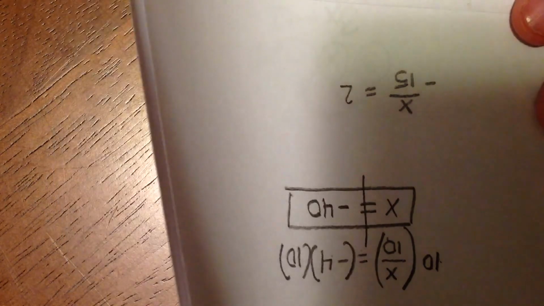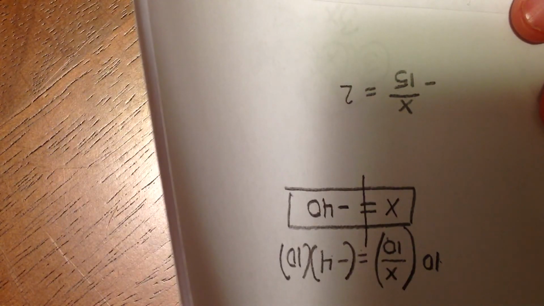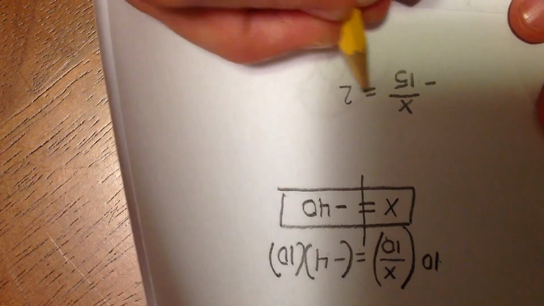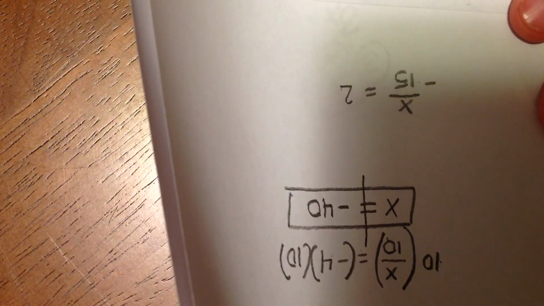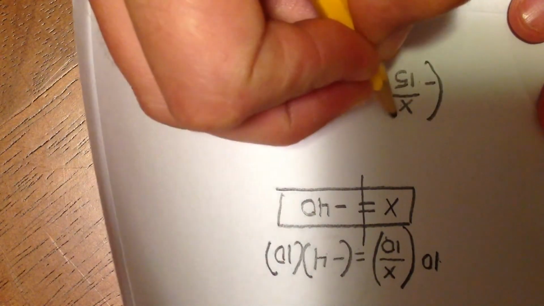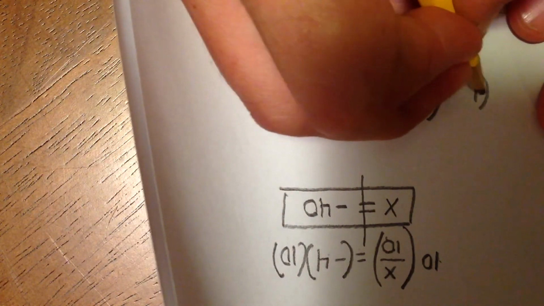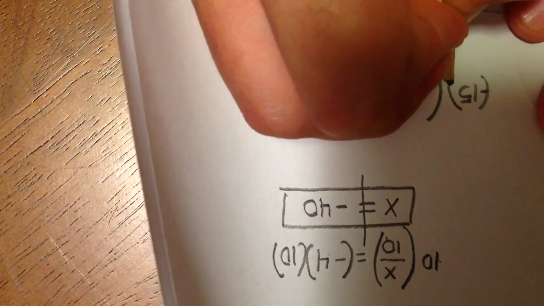Alright, the last one. So I have x divided by negative 15 equals 2. So some number divided by negative 15 equals 2. I have to use the inverse operation of division to isolate my variable, which is x. So the inverse of division is multiplication, and again, don't let the negative sign fool you there. I have to multiply by negative 15 on both sides.